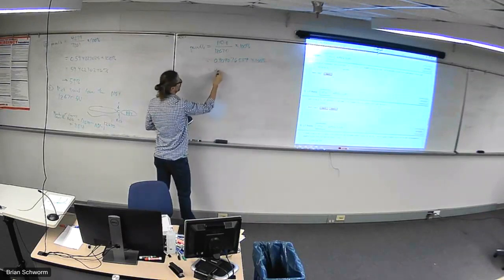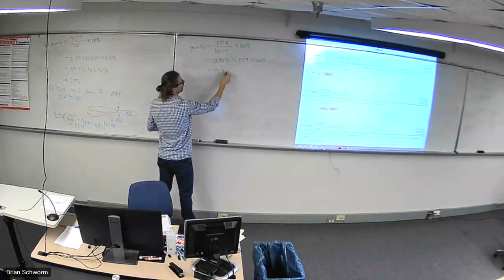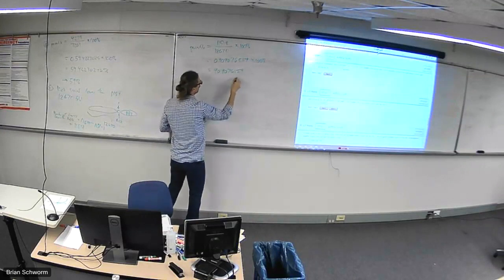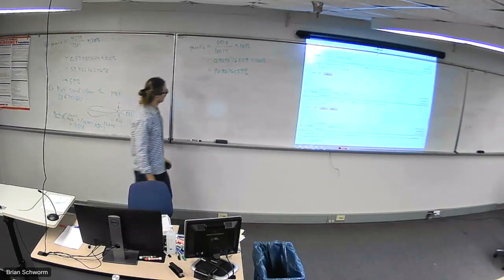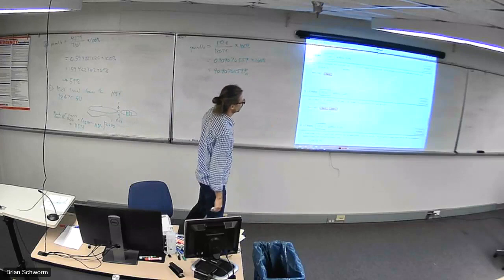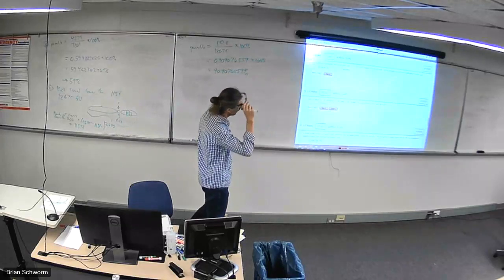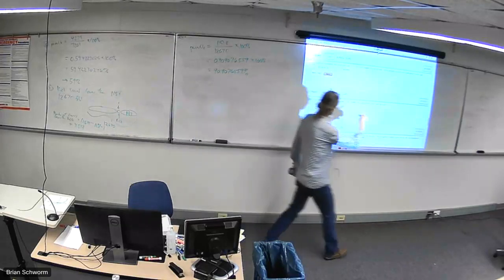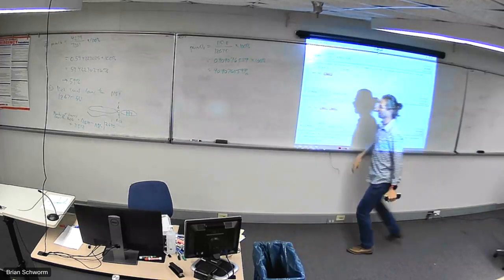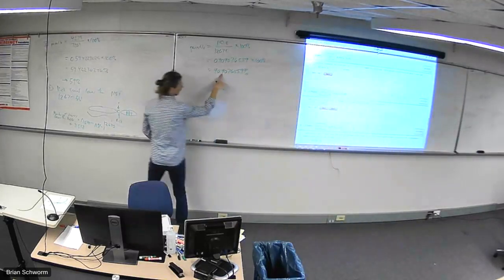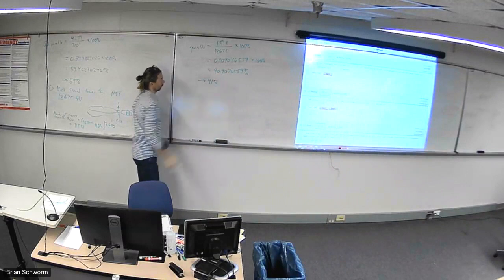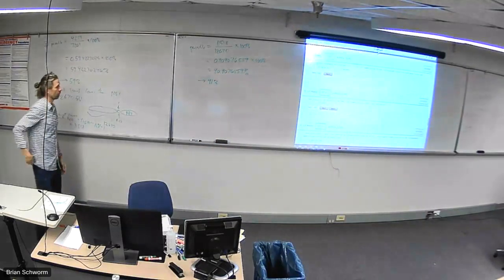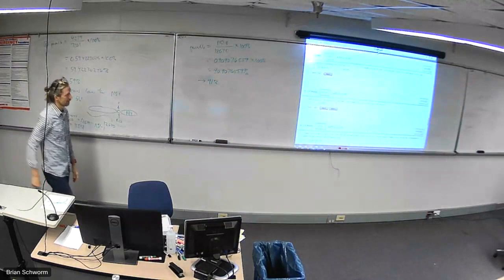Times 100% just means move the decimal point to the right twice: 90.90765. Then I say rounded to the nearest percent, nearest whole number. We're at 90, but then there's a 9, so it rounds to 91. So percentile 91.